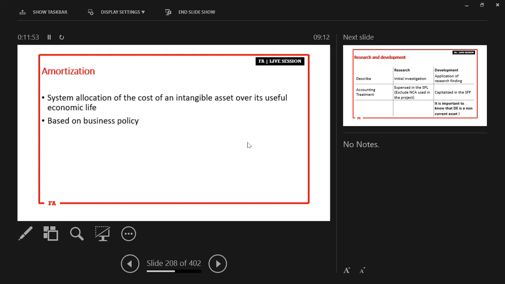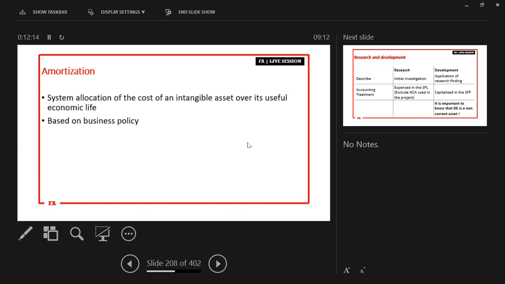Now, amortization, similar to depreciation, is a method of writing off the cost of the intangible asset over its economic useful life. It's very important for us to see that. Of course, amortization will be based on company managers' discretion, business policy.